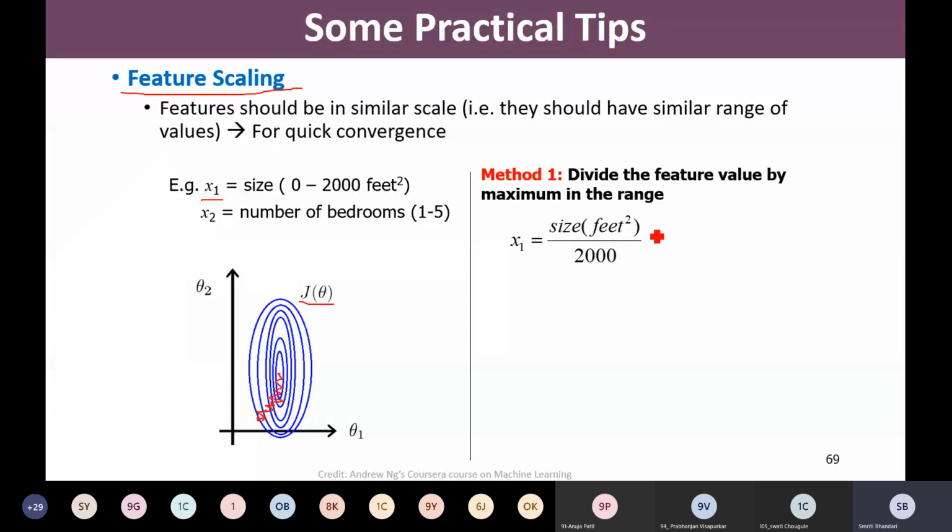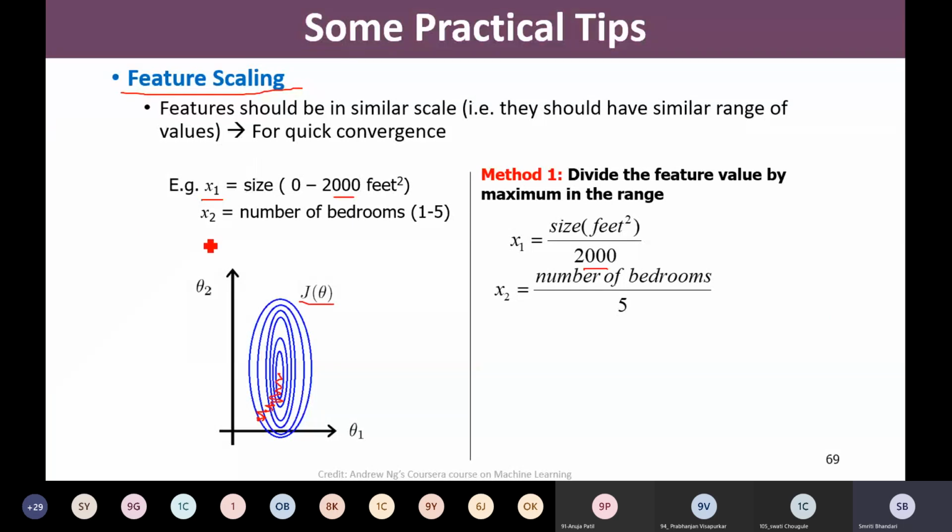Whatever the actual size in square feet is for that particular example, we take that value divided by the maximum in the range. The range of values of x1 is 0 to 2000, so the maximum value is 2000. We divide by 2000. It is a kind of normalization.